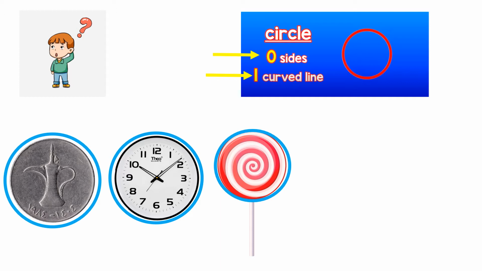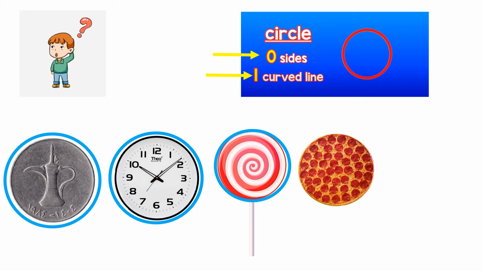Let us see the next object, children. It is a yummy, yummy pizza. Do you all like to eat pizza, children? Can you tell me what is the shape of the pizza here? Yes, it is round in shape. It is circle in shape.